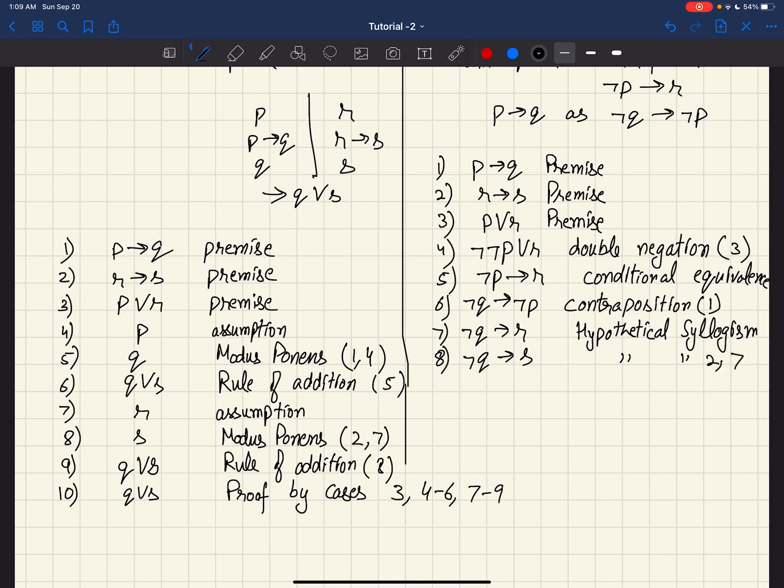The second step is R implies S, and the seventh step is not of Q implies R.